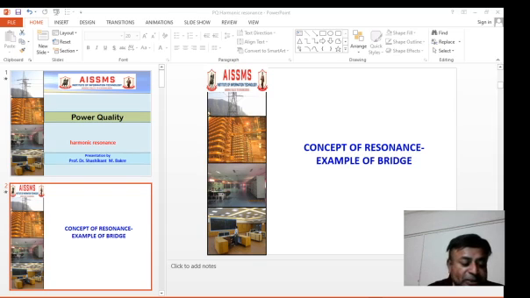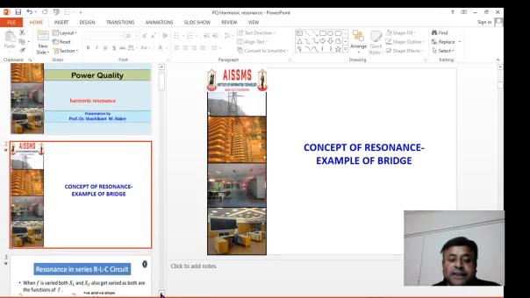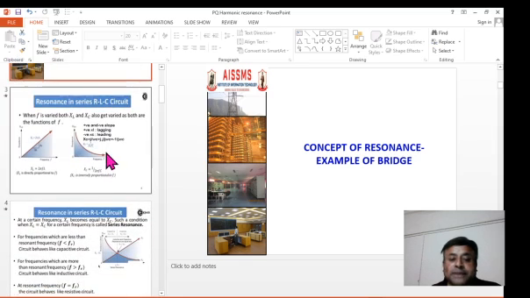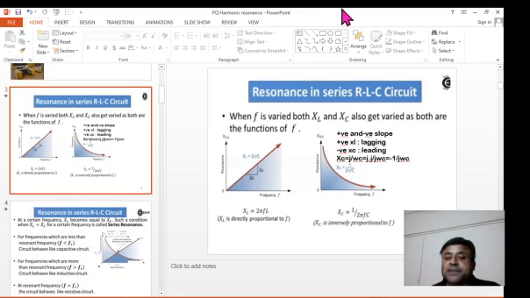In electric circuits also, resonance is a matter of concern, and it is divided into two types: series resonance and parallel resonance. The resonance taking place in a series circuit is series resonance. On the contrary, the resonance taking place in a parallel circuit is parallel resonance.